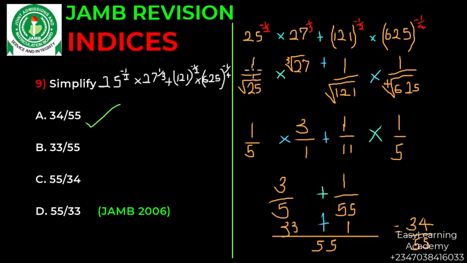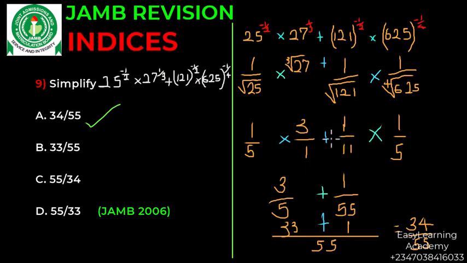Now finding the square root of 25, we had 5, and the cube root of 27 gave us 3. We just have to introduce the denominator to get it balanced. The square root of 121 gave us 11, and the fourth root of 625 was 5. We multiplied it out, and you have 3 over 5 plus.